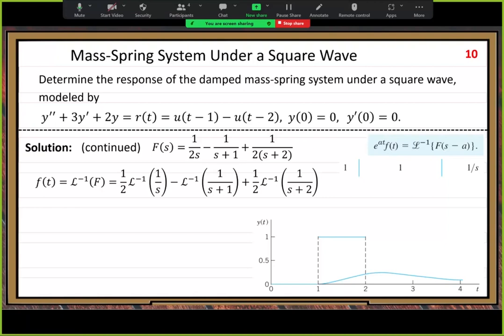Shift by 1, we have the shift formula. Shift minus a, negative 1, so multiply by the e term. So 1/2 times 1, this is 1. The shift part, e to the negative t times 1, also 1. Then 1/2 times e to the negative 2t, with a equals negative 2, times another 1. So that's the answer for that little f of t.